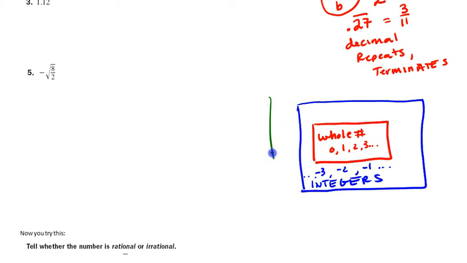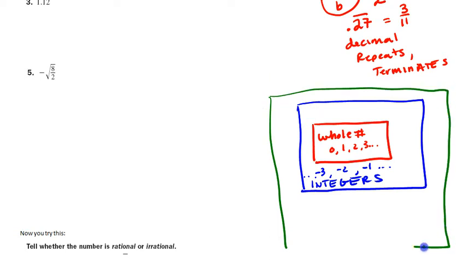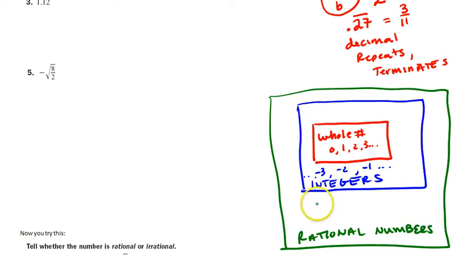The next level, so what we just talked about, was what we called our rational numbers. Rational numbers were anything that could be written in the form of A over B, so like 1/3 or 0.3 repeating, 1/2, right?